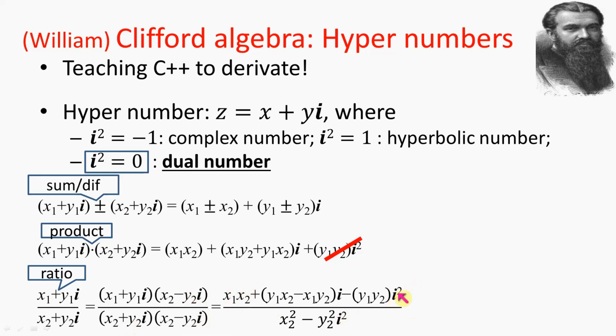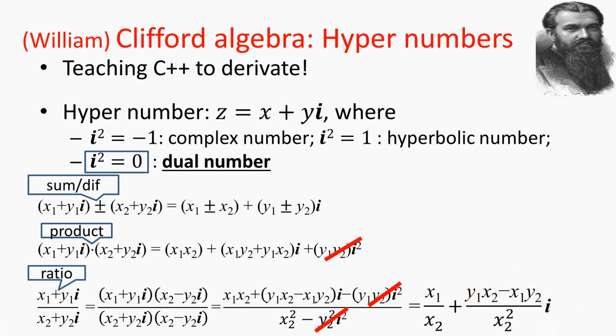Again, i square shows up both in the numerator and the denominator, but we already know that these i squares are equal to 0, so these terms are cancelled, so we can obtain a simpler expression, which is also in the form that we have a real number and an imaginary part, which is just the product of another real number and i.